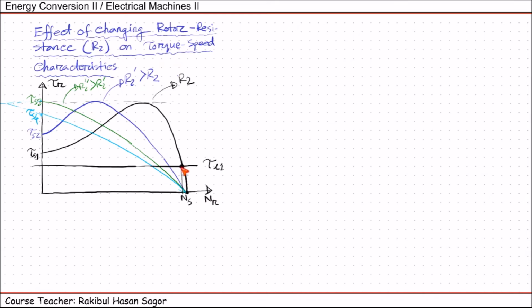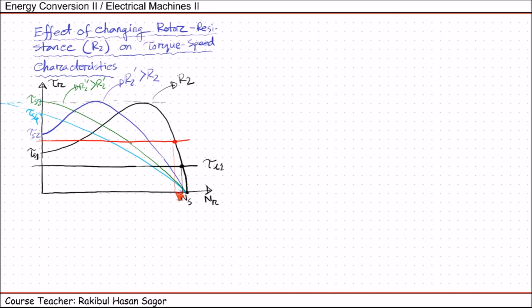Now if we increase the load under running condition, then the operating point will go up, as we saw in the previous page. At this condition, if I draw the new load line, this will be the operating point and this will be the corresponding speed.